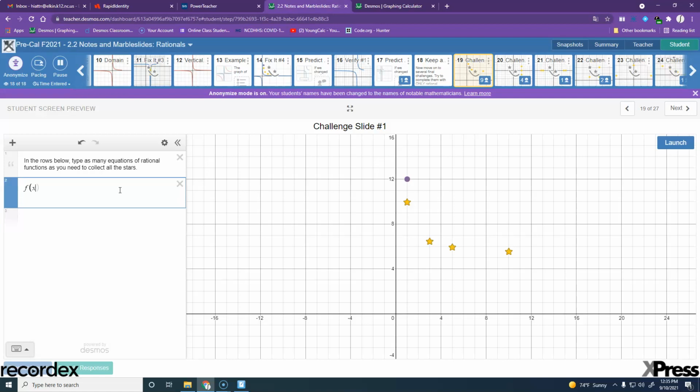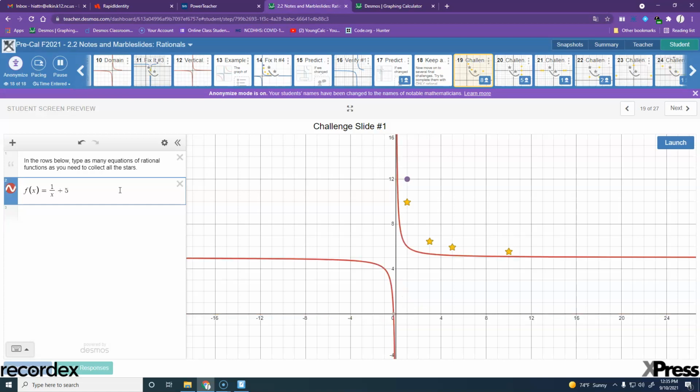So if I start with just 1 over x, that gives me this graph right here. So as I look at it, I'm thinking it's not going to work like it is. What do you guys think I should do to it? It looks like it probably needs to go up some, right? So if I put like a +5, that looks pretty good. But if I launch it, I'm still missing this right here.